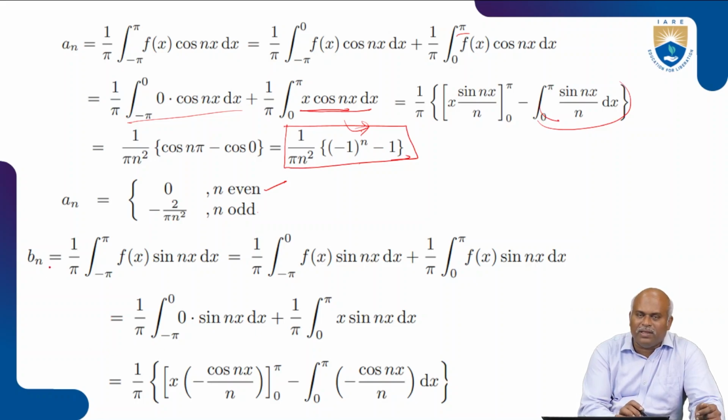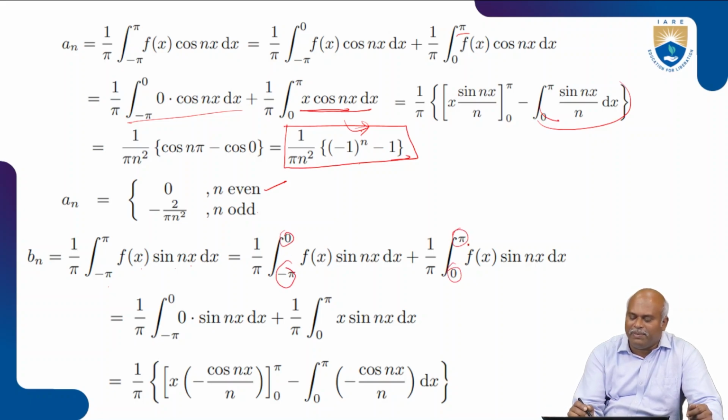Next, we go for b of n, another Fourier series coefficient. b of n is 1 by pi times the integration from minus pi to plus pi of f of x sin nx dx. This also has two different intervals: minus pi to 0 is represented as 0, and 0 to pi is represented as x. The first portion we can substitute, and it becomes 0.